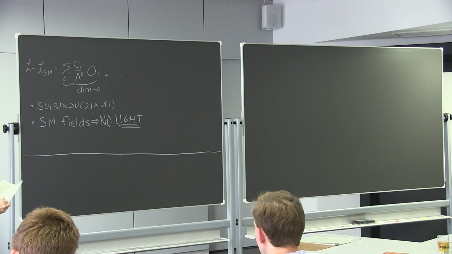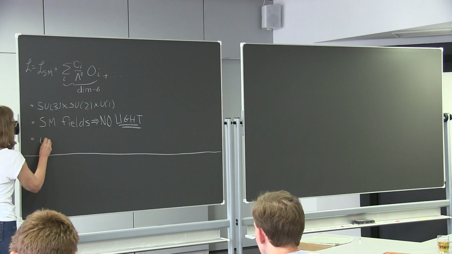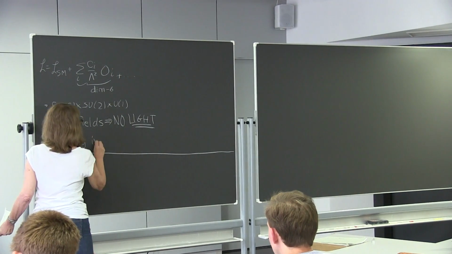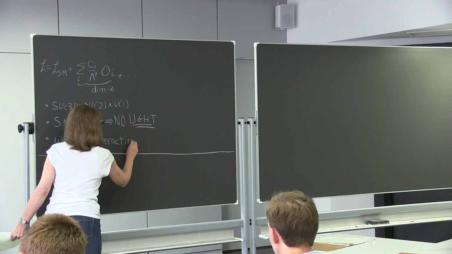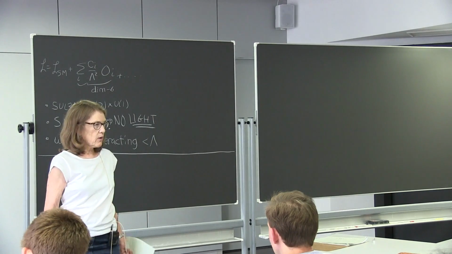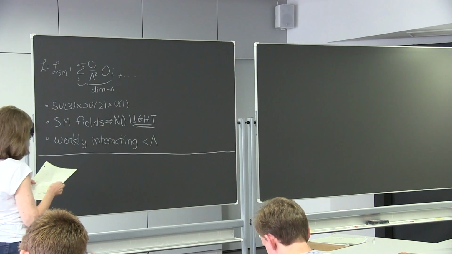So you don't see anything else. Okay. And you assume it's weakly interacting below lambda. It scales less than lambda. Okay, so at low energy, this is a nice, well-behaved theory.